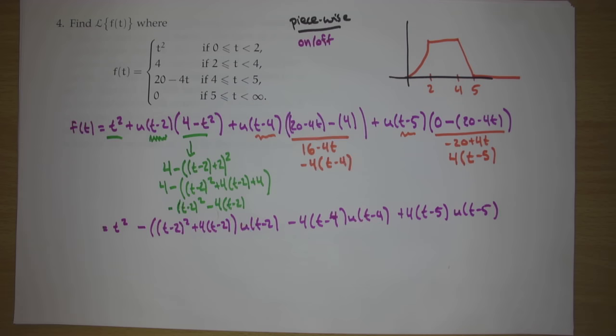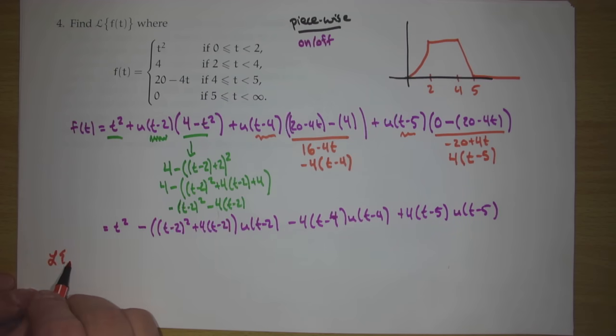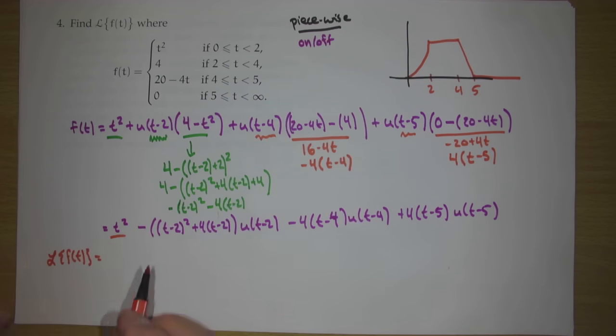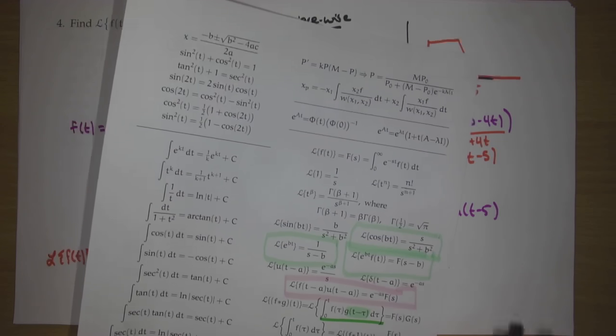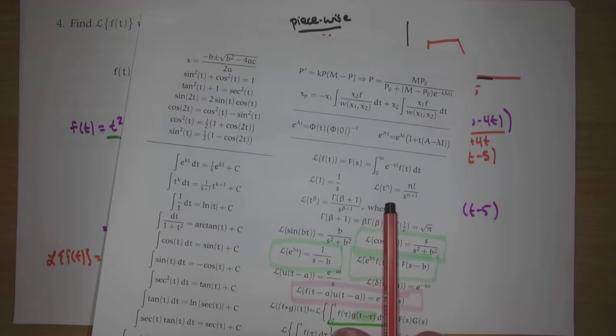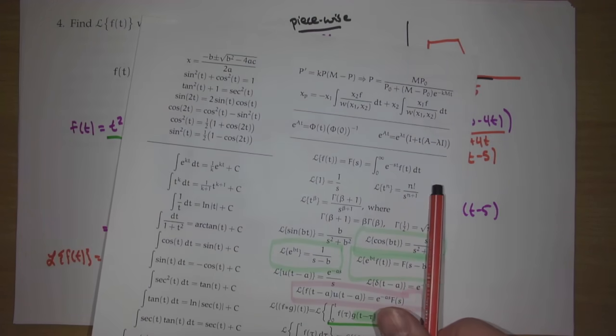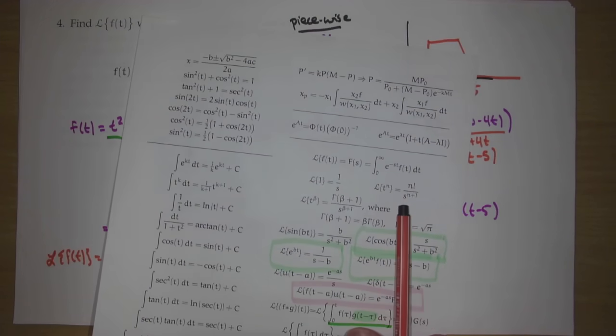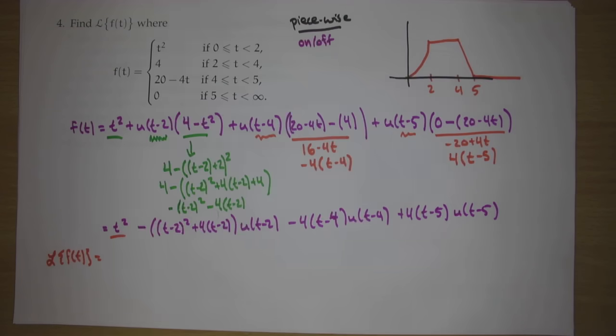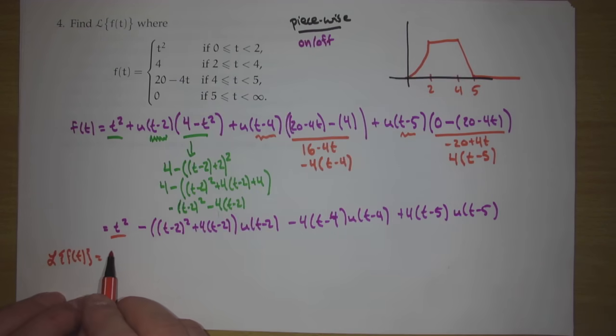All right. So, the Laplace of f of t. Okay, t squared. Well, good news. That's on our formula sheet. T squared is 2 factorial over s to the 2 plus 1. 2 factorial is 2 and 2 plus 1 is 3.